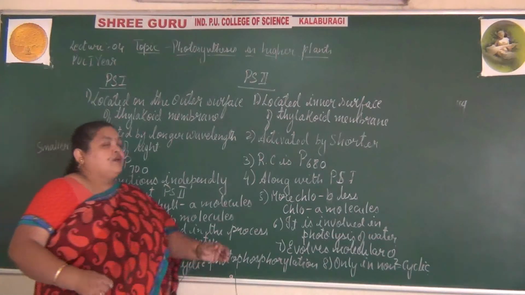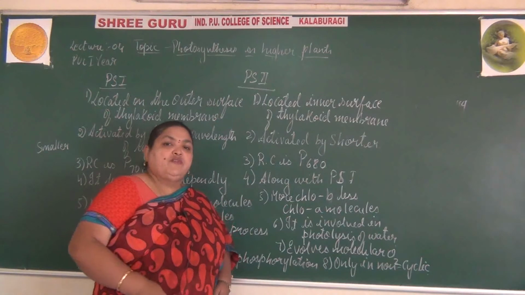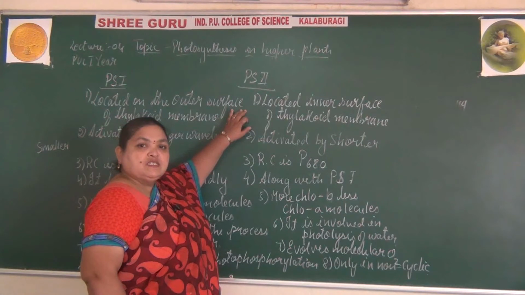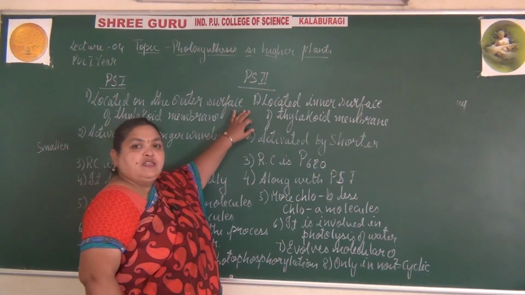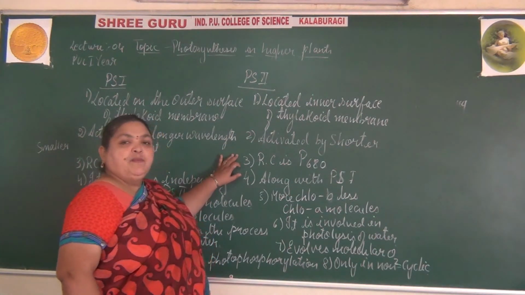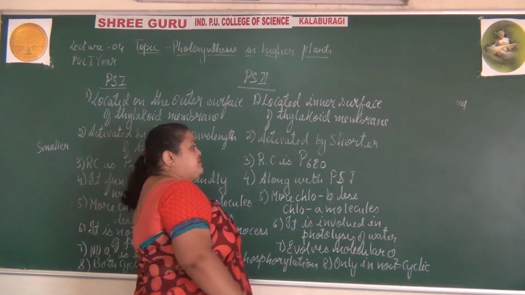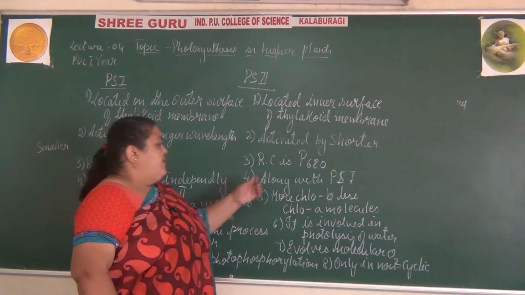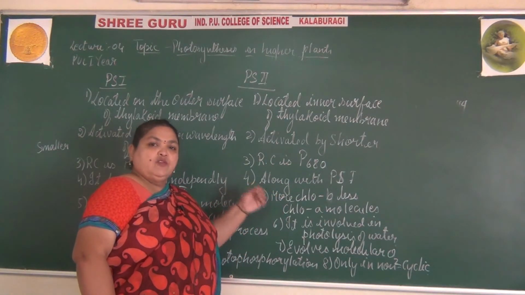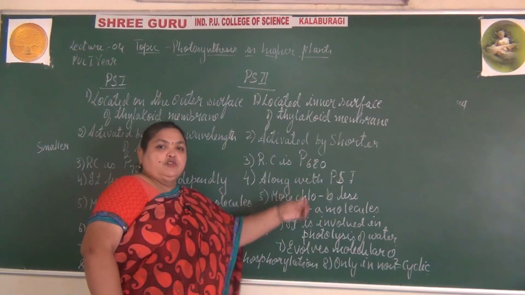It is involved in both cyclic and non-cyclic photophosphorylation. The other complex is photosystem 2, which was discovered later and is present in the inner surface of the thylakoid membrane. It is activated by shorter wavelength of light, where the reaction center is P680, which absorbs light of 680 nm, and it is always associated with photosystem 1.